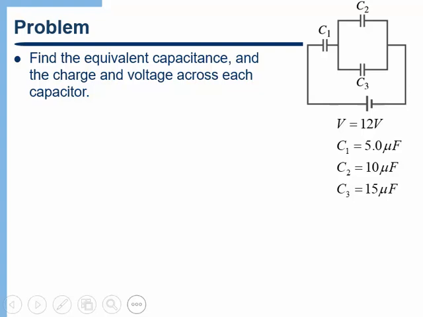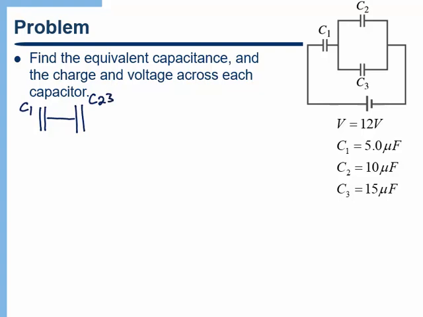In this problem, hopefully the first thing you realize is that you've got to combine these two capacitors first because they're in parallel. And so the first step is going to be to replace those two with one capacitor. Here's C1, and we're going to replace C2 and C3 with one capacitor, which we're going to call C23.